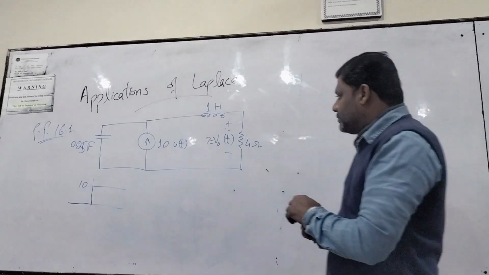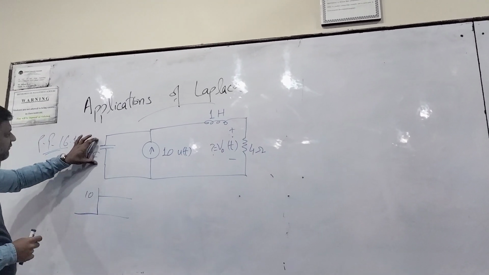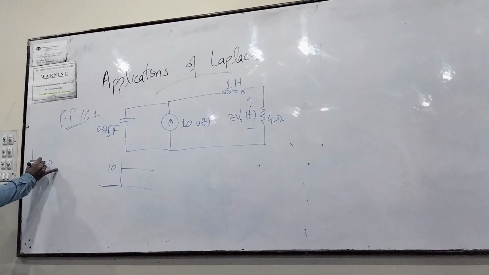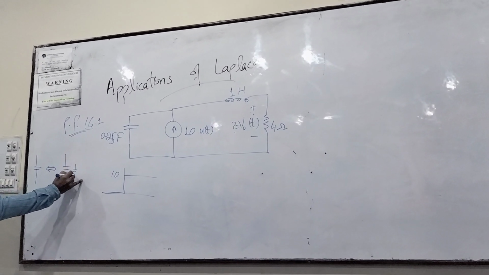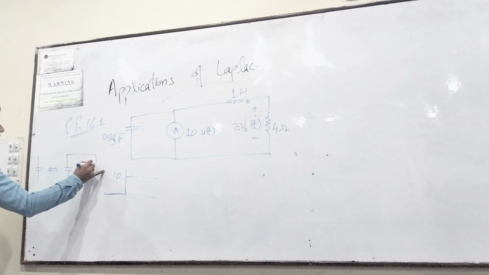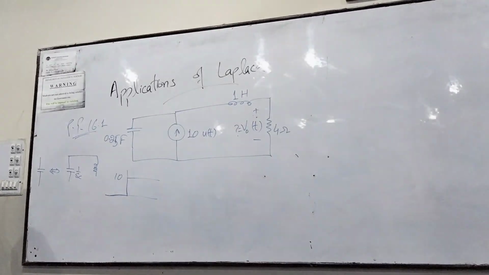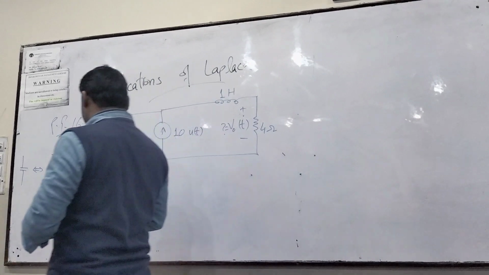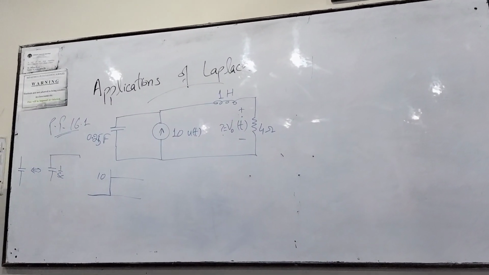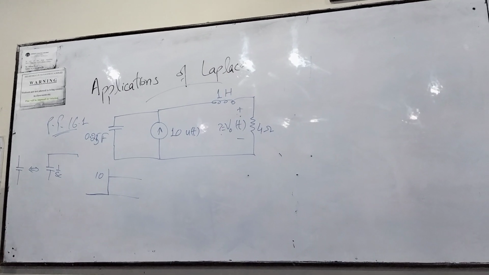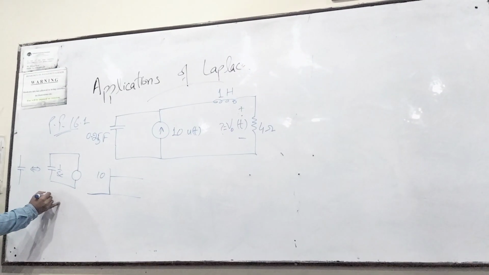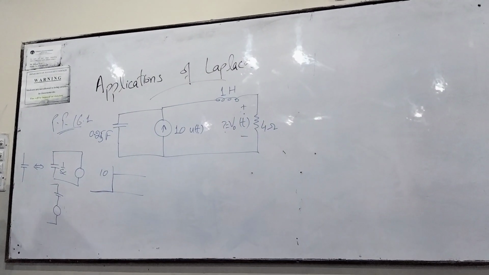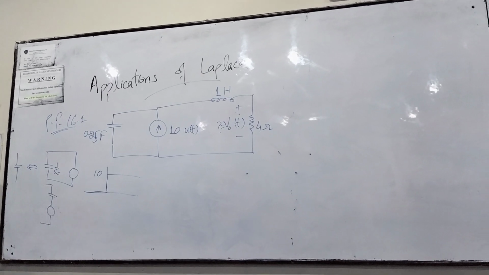So we just saw that if we have a capacitor in the time domain, the transformation of the capacitor is either a current source or a voltage source, whatsoever the directions are.